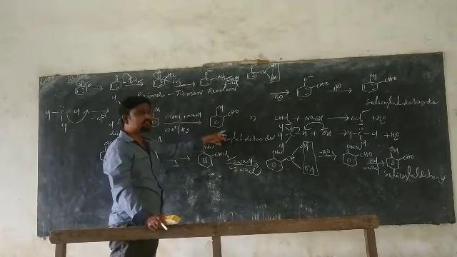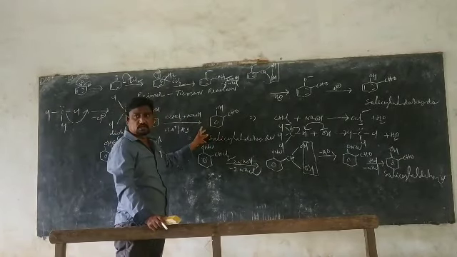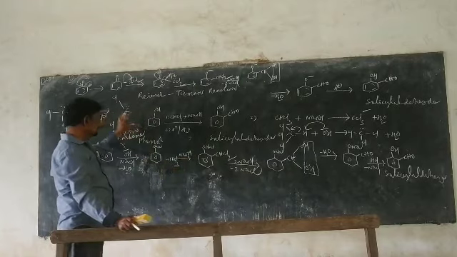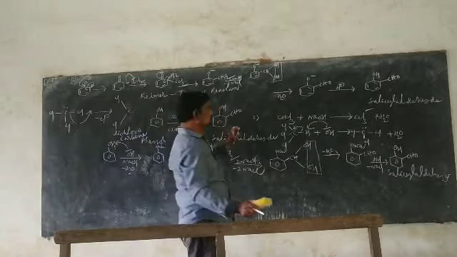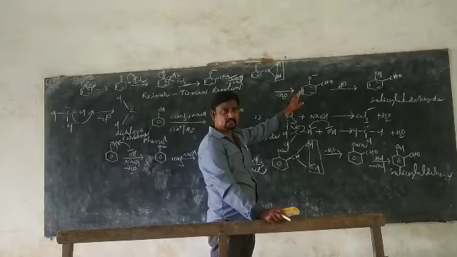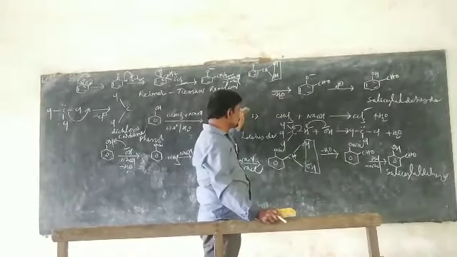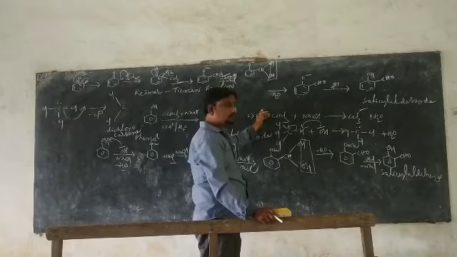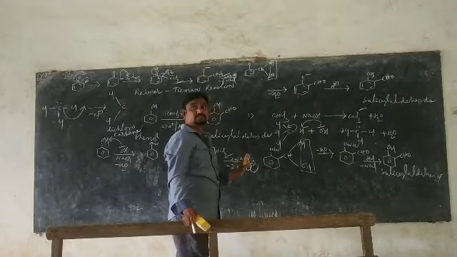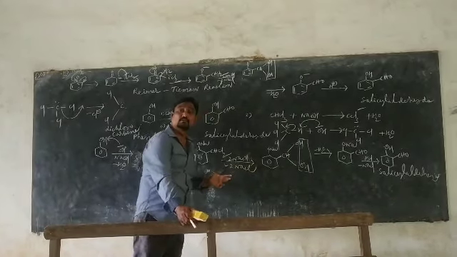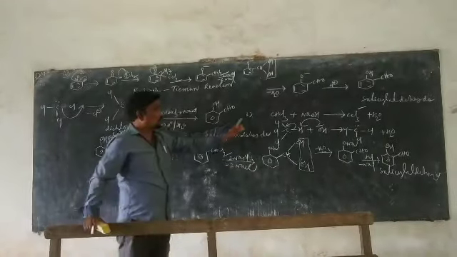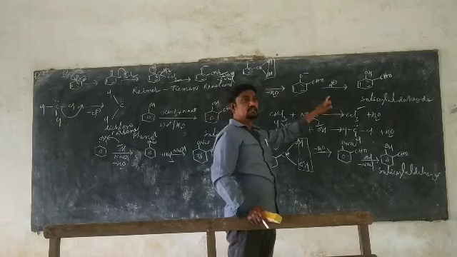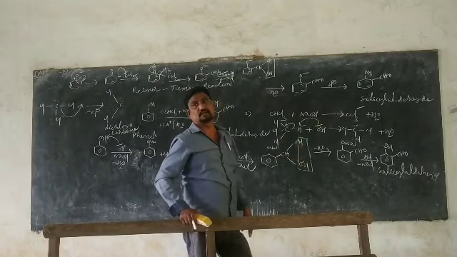The key points: phenol to phenoxide ion in the first step. Next, chloroform to dichlorocarbene electrophile. That electrophile attacks the phenoxide ion to form salicylic aldehyde. This is known as the Reimer-Tiemann reaction.